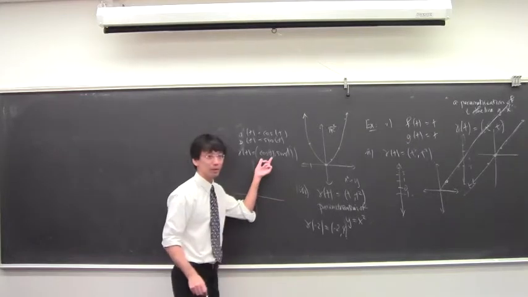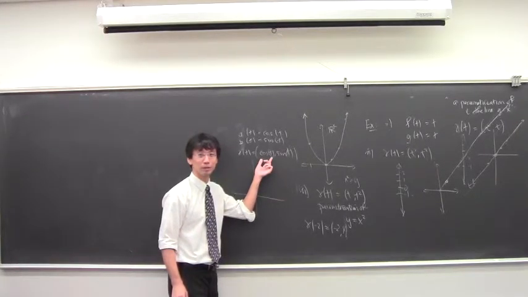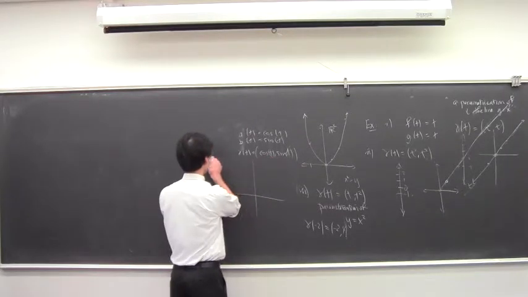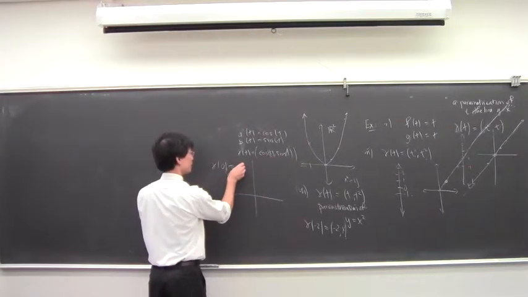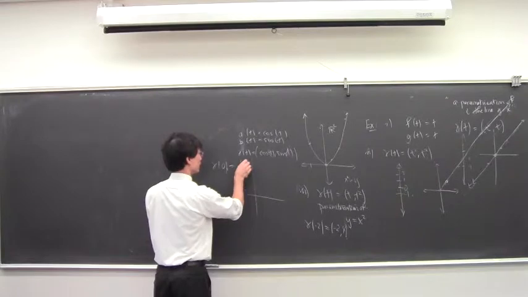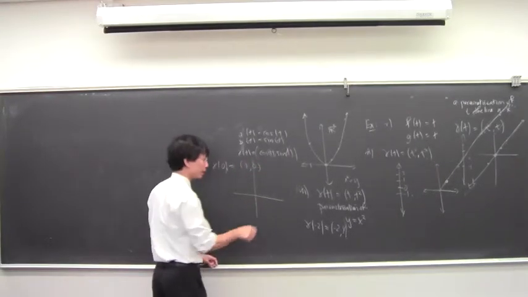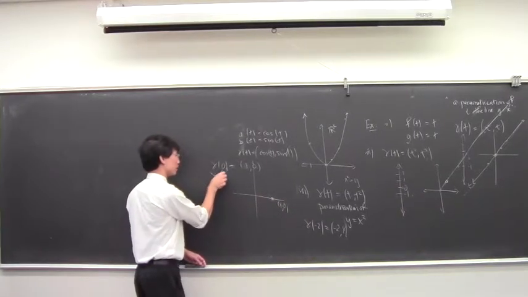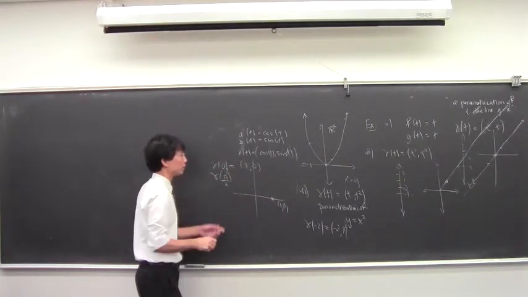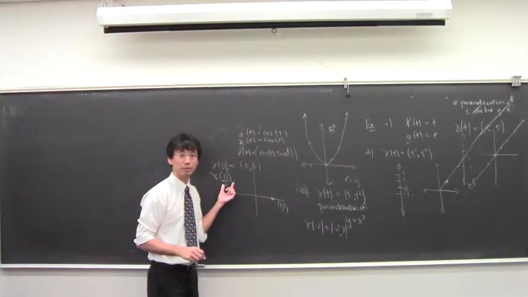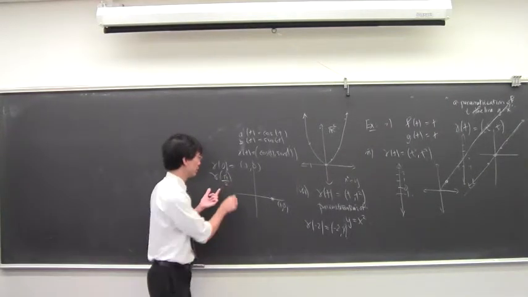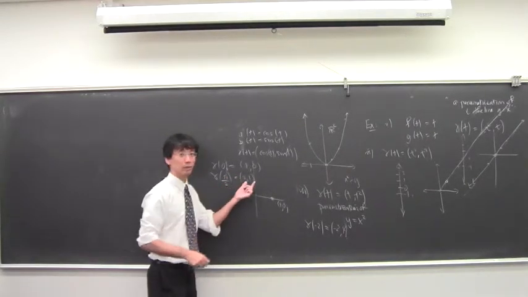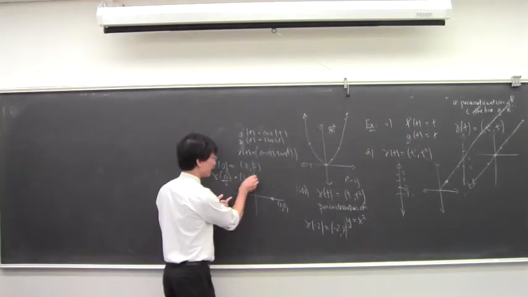What's cosine of 0? 1. What's sine of 0? So at time 0, you get cosine 0, sine 0, which is 1, comma 0. What about at time pi over 2? What's cosine of pi over 2? 0. Sine is 1. We're here.